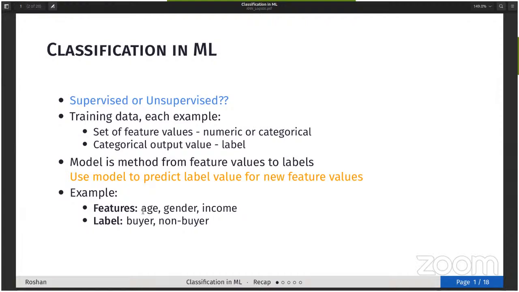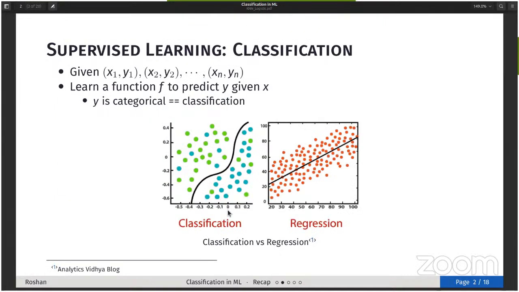You have three features. Using these three features, you can predict whether a person will be a buyer or not a buyer of any specific item.